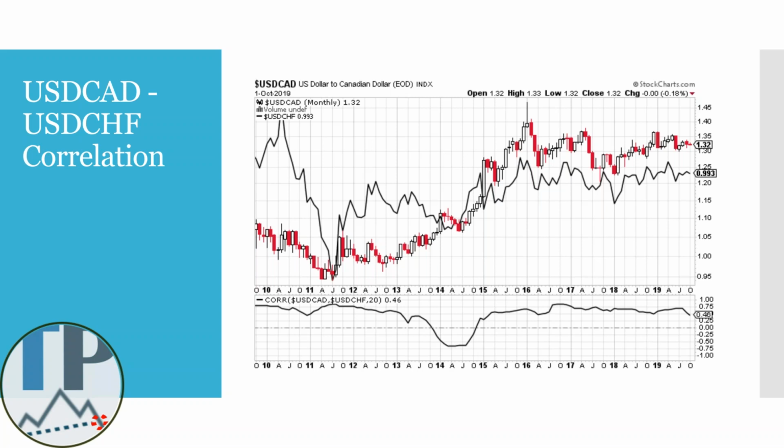Okay, and on the dollar CAD versus dollar Swiss franc chart here, you can see that the correlation between these two markets is similar to what I just showed you. It's largely positive, but also in the 2014 period, or even late 2013 to late 2014 period, we had a negative correlation.